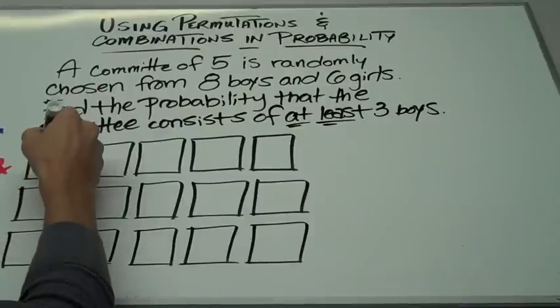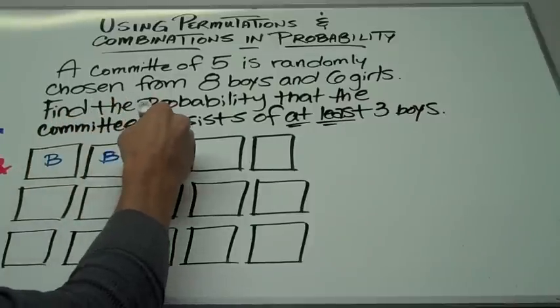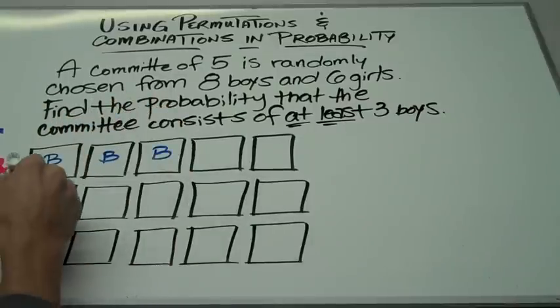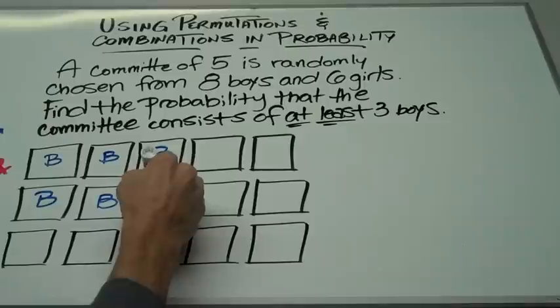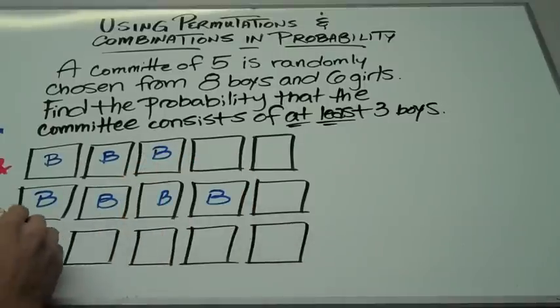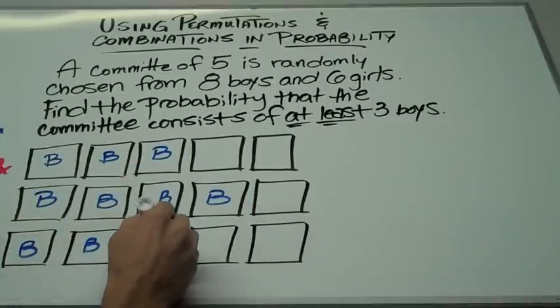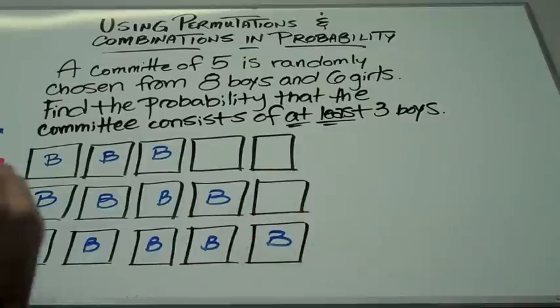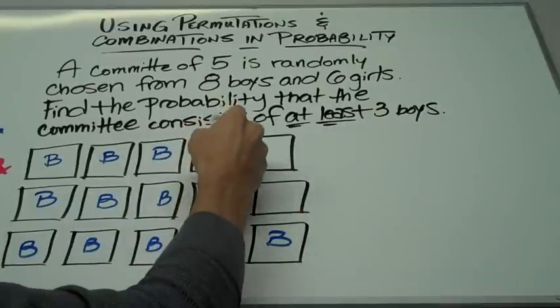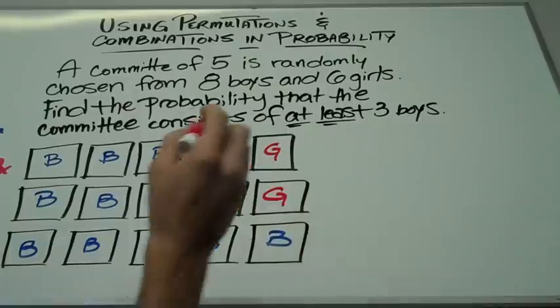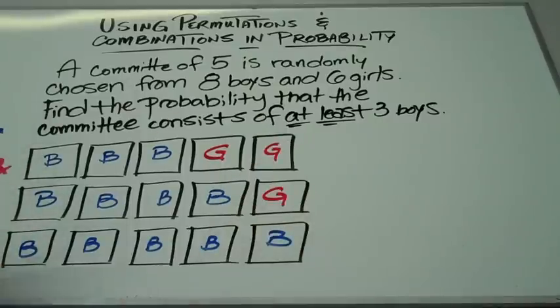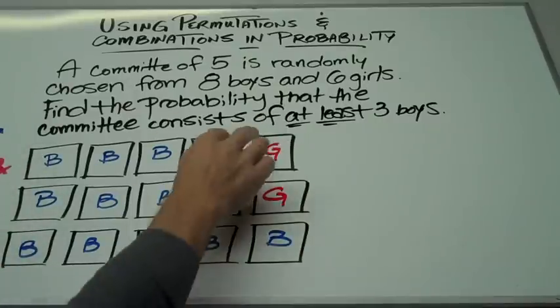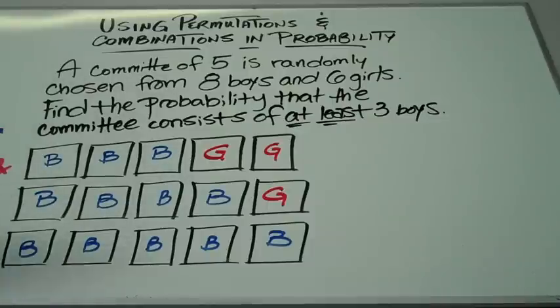So my committee could be boy, boy, boy, at least 3 boys, or it could be boy, boy, boy, boy, or boy, boy, boy, boy, boy. That means the girls could be girl, girl in the first committee. We can either have 3 boys, 4 boys, or 5 boys, leaving us with 2 girls, 1 girl, or 0 girls.